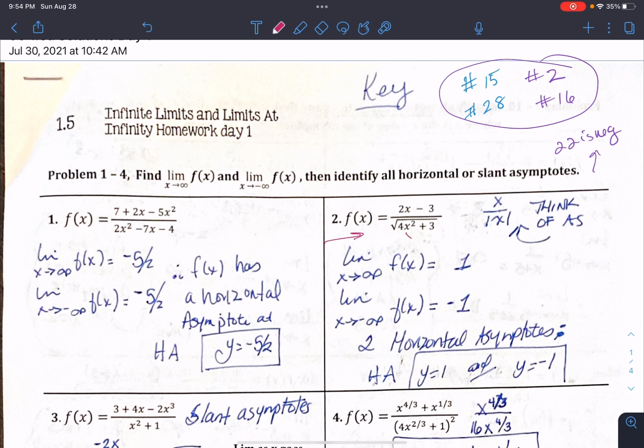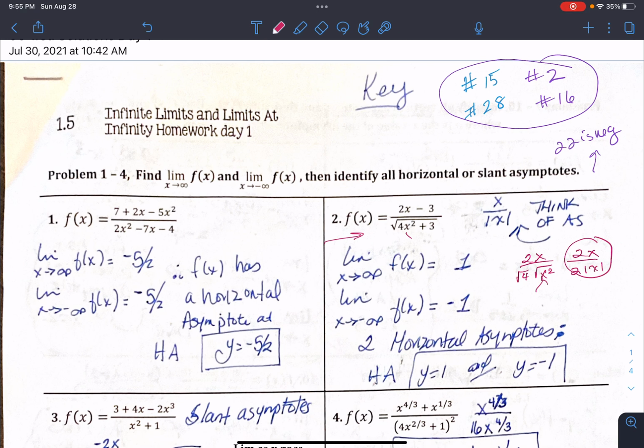It goes like this: 2x over, and you can pull the square root of 4 out, and then the square root of x squared. So you still get 2x on the top, sorry. And then you have 2, and this is the absolute value of x, because the square root of x squared is the absolute value of x. So you're really taking the limit as x goes to infinity of this.